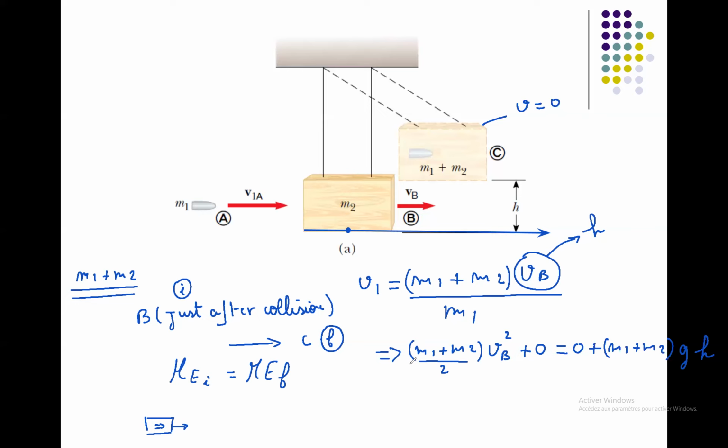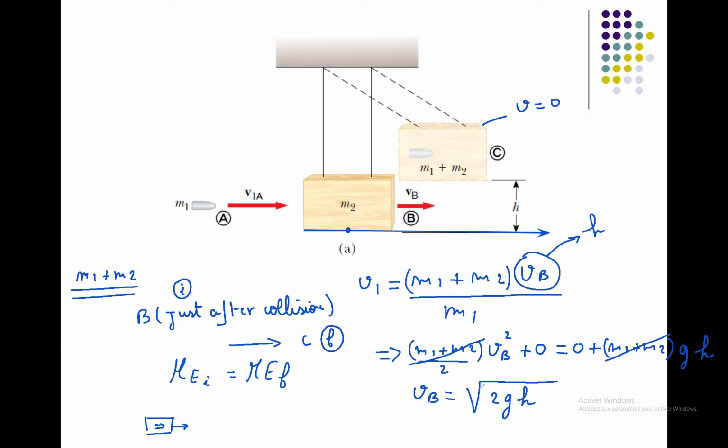We can eliminate m1 plus m2 on both sides. We get vb equals the square root of 2gh. So we get a relation between vb and h.